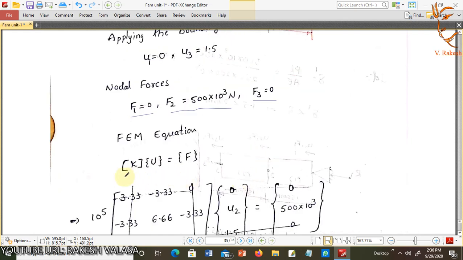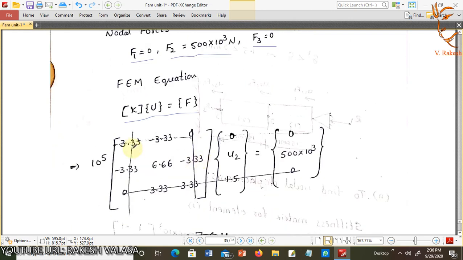Now write the FEM equation, that is K U equal to F. K means stiffness matrix, U means nodal displacements U1, U2, U3: U1 is 0, U2, U3 is 1.5 mm. Next one is load vector, that is F1, F2, F3. F1 is 0, F3 0.